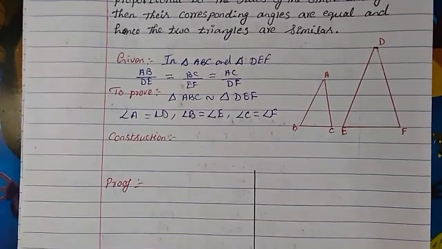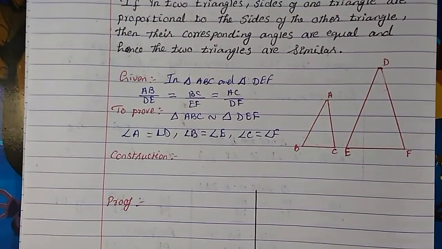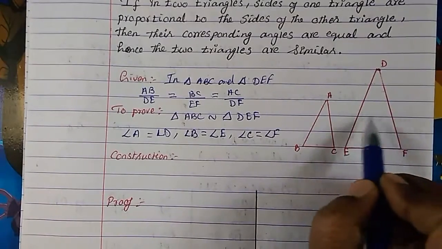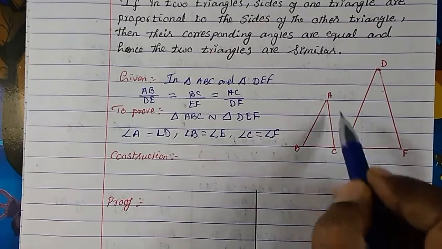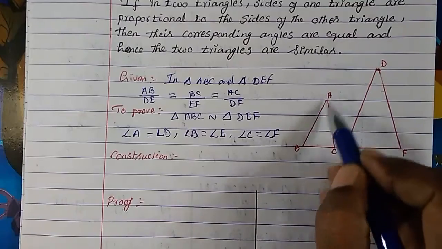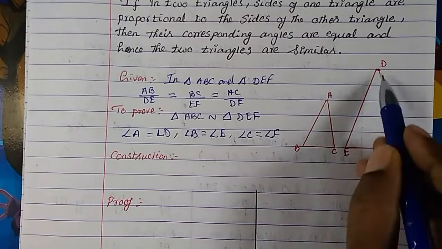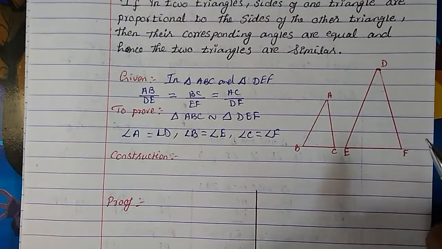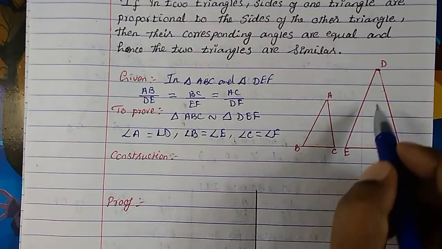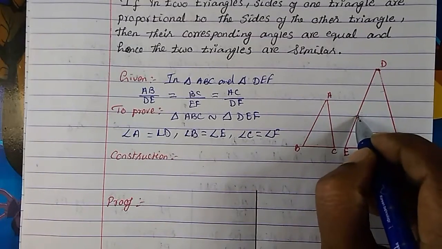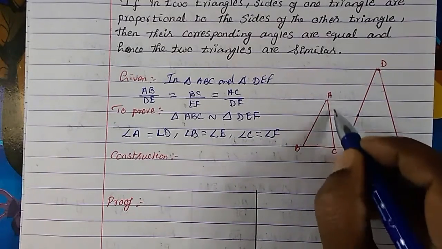Okay, so for that what we will do? We will do a construction here in such a way that the sides of this triangle ABC, AB and AC, will be the same in the other triangle. So AB, how much measurement? That much measurement we will take on a point here. AC is how much?